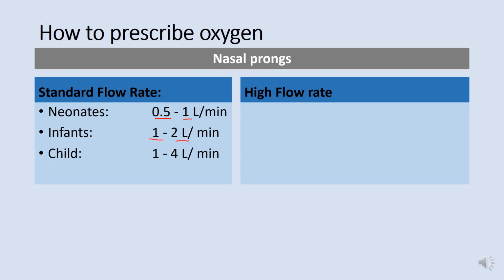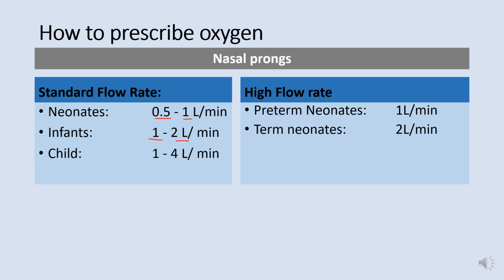How about the high flow rate? For the preterm neonate, it will be 1 liter per minute flow rate. For the term neonate, it will be 2 liters per minute. And for the older infant, it will be 4 liters per minute, and the bigger child, 4 to 8 liters per minute.